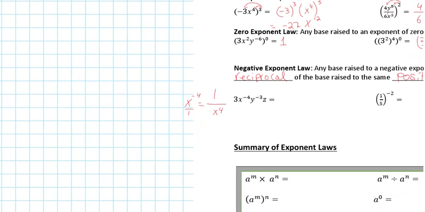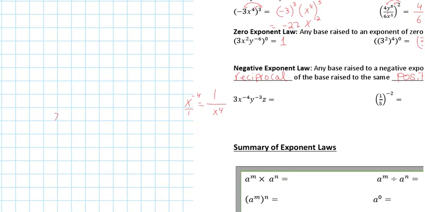Keep going, I'm listening. What was the question? Why is x to the power of negative 4 equal to 1 over x to the 4?